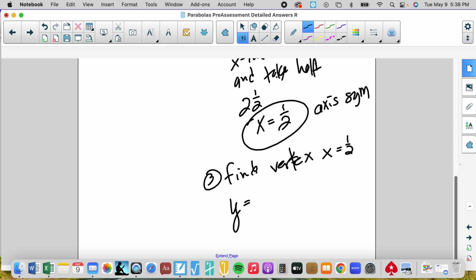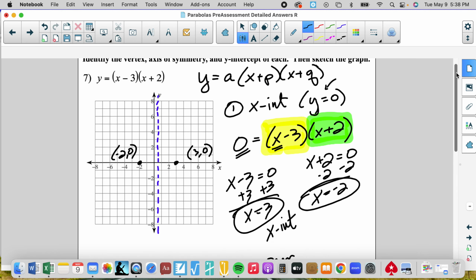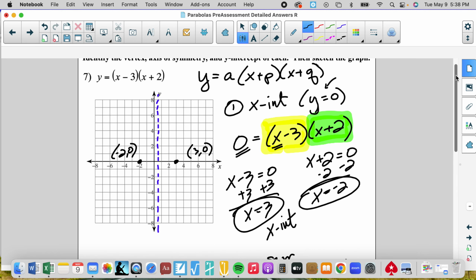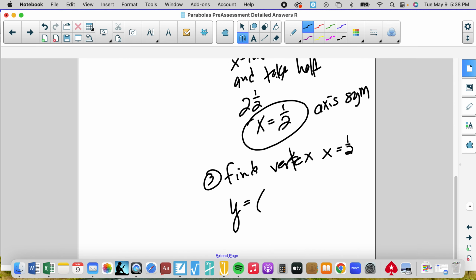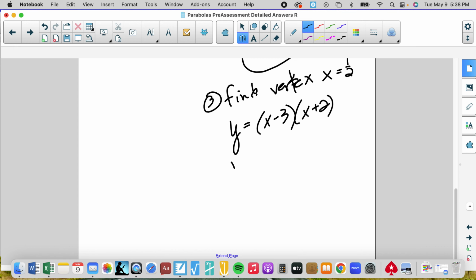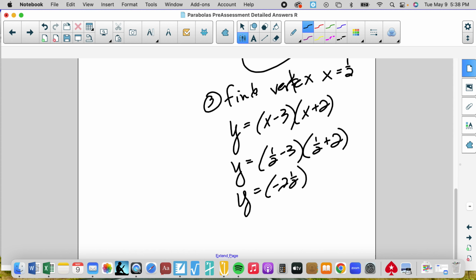So if my equation is y equals (x − 3)(x + 2), how lovely is that? We're going to plug in 1/2 for x. We get negative 2.5 and we get positive 2.5.